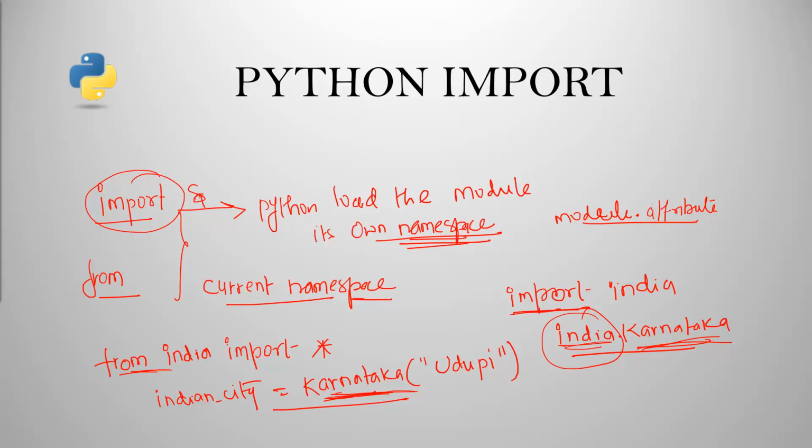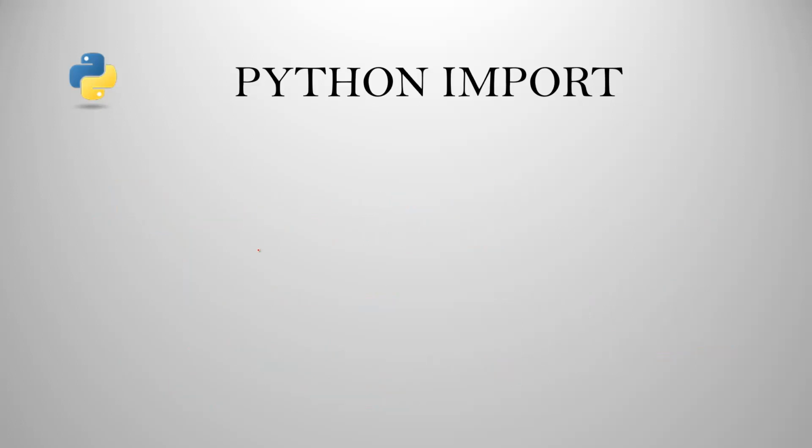Here we are seeing the terms namespace and attribute. Let me clear this first. We often see two terms: one is namespace, another is attribute. So what is namespace?